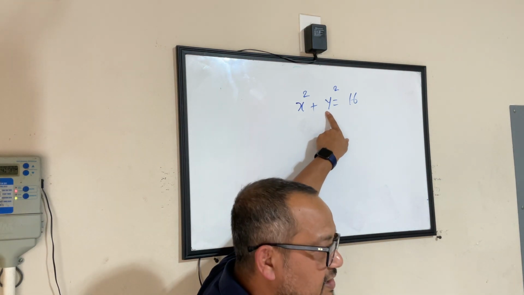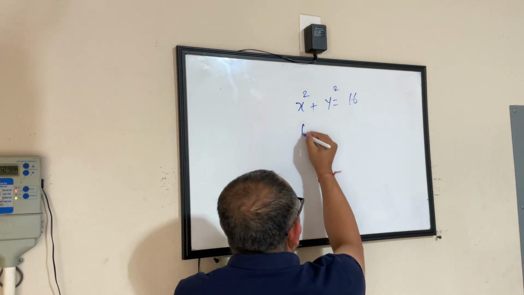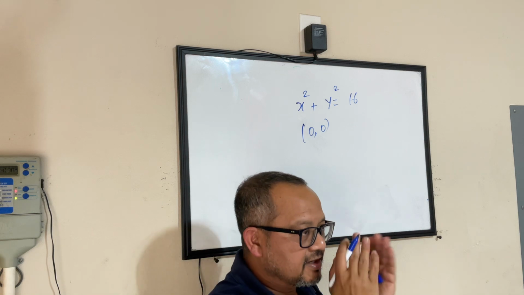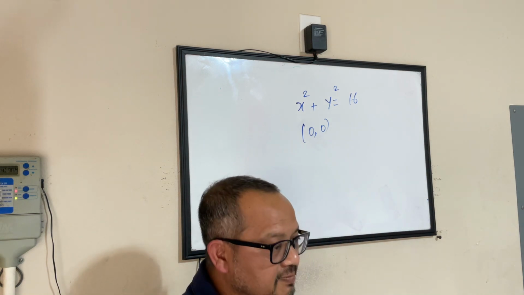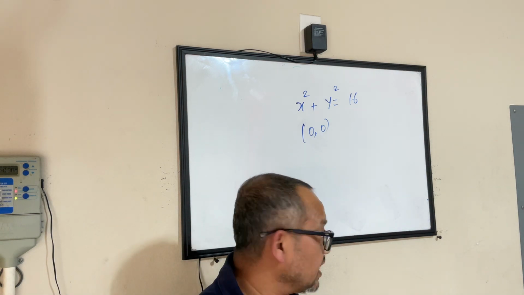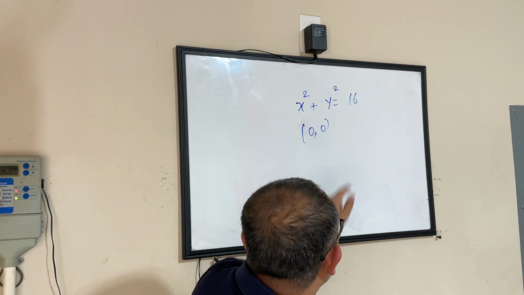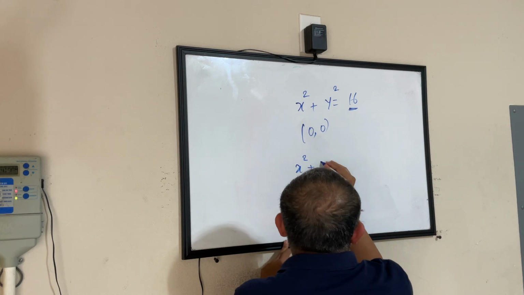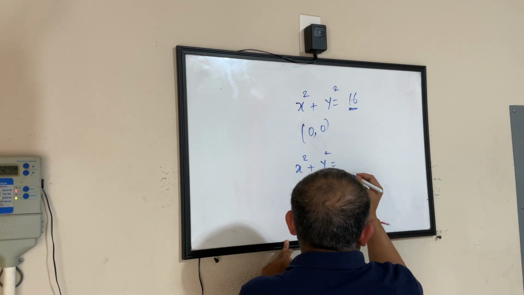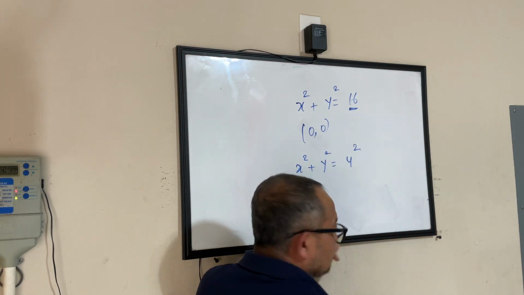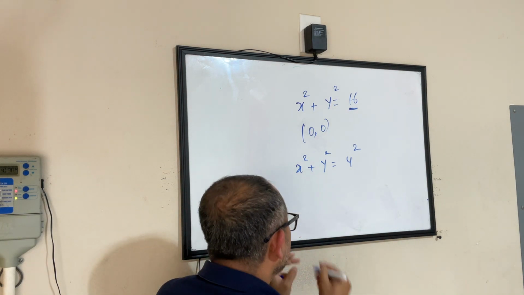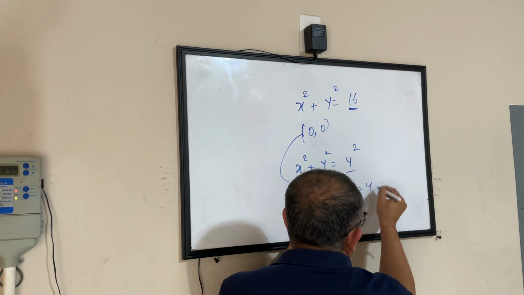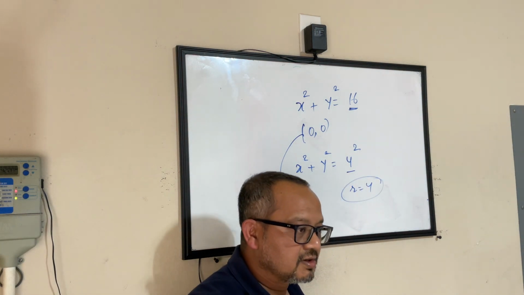Y has nothing apart from y. That means my coordinates of the center are 0, 0. My circle center and the coordinate plane's origin are coinciding. So 0, 0. And then this is nothing but my r square. So x square plus y square equal to 16. 16 is nothing but 4 square. So the center is 0, 0 and the radius is 4. No problem so far.